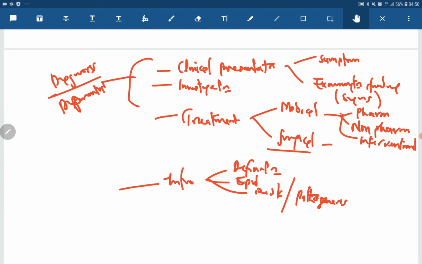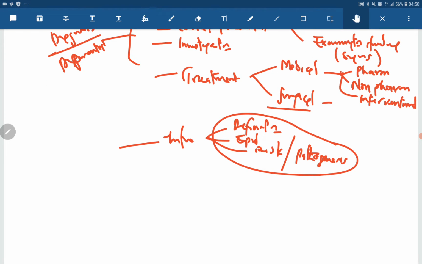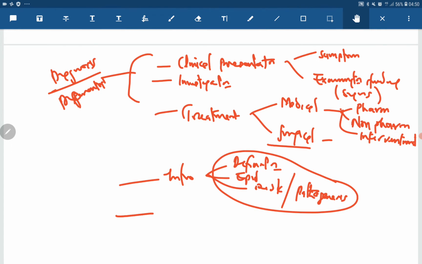So these are what one can summarize briefly in terms of the introduction. But if you have very small amount of course allotted, you don't have to go into all this. But the key parts are the clinical presentation, the investigation, and then also the treatment.